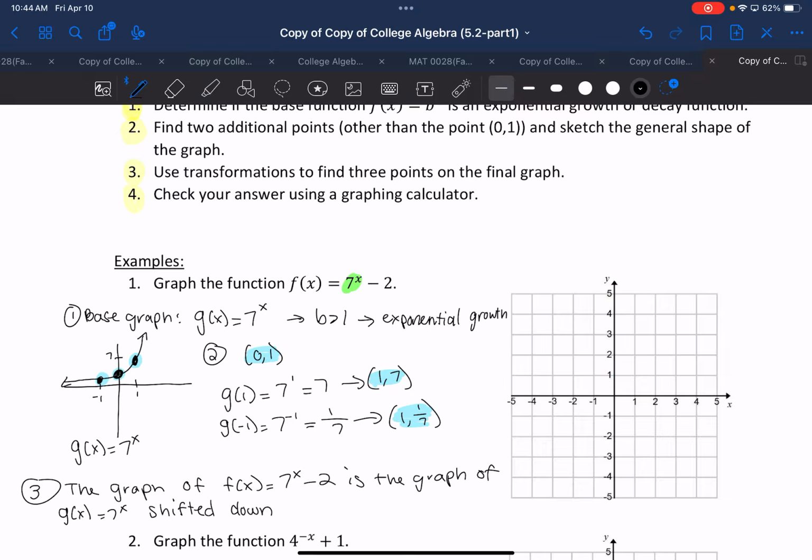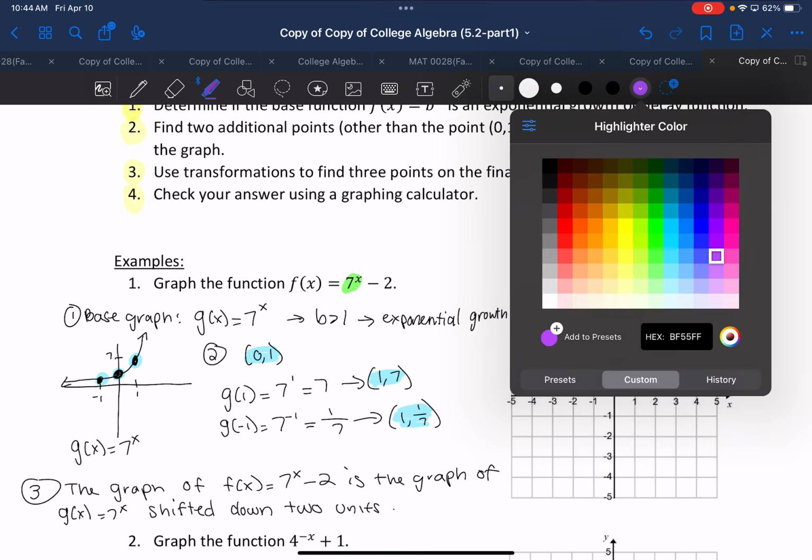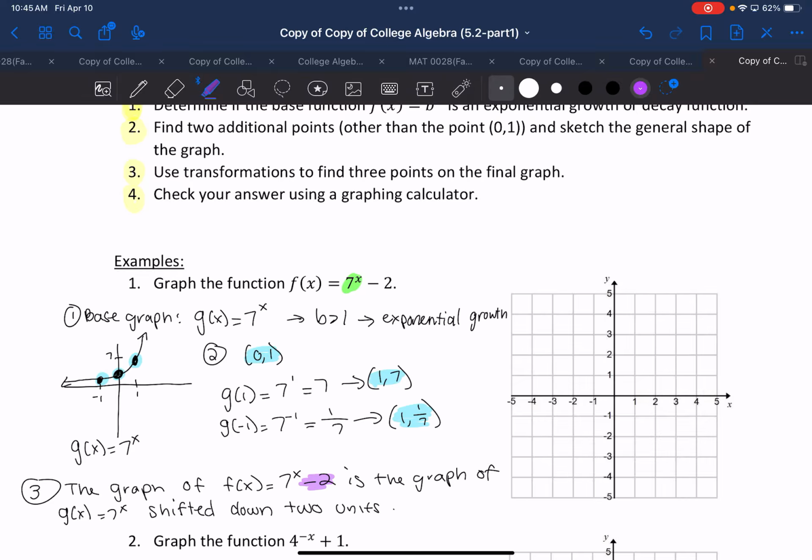Because I'm subtracting 2 from my base graph.